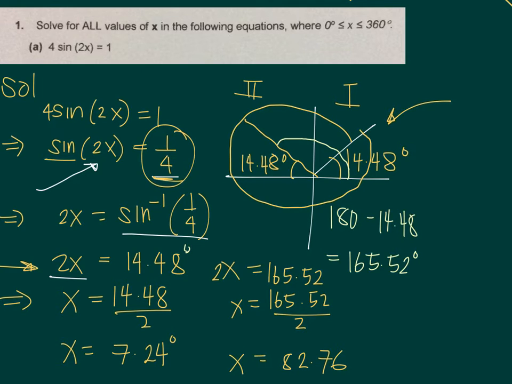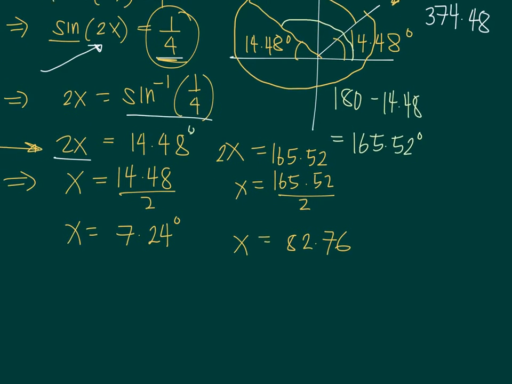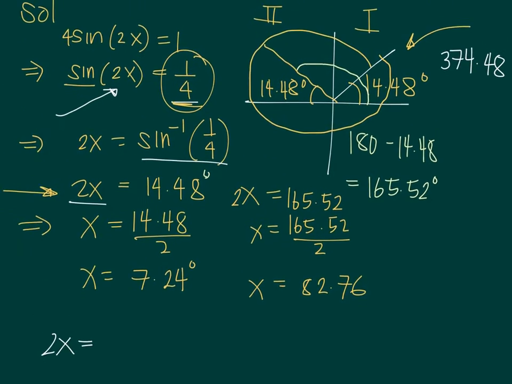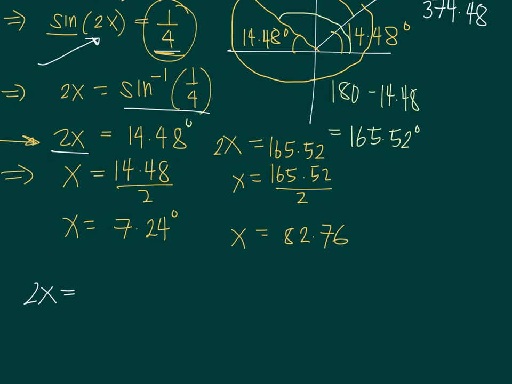So if I have 14.48, I'll try to make another cycle, so that means plus 360, and I'll be able to get 374.48. So that also could be a value for 2x.